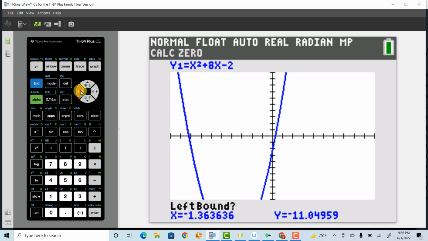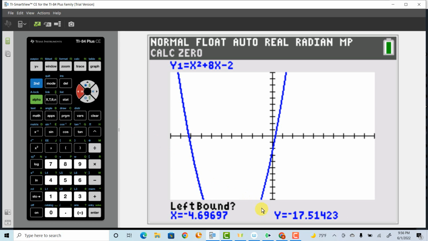See, y is negative 11.8, negative 12.5, negative 13.2, negative 13.8, 14.7, 15, right? It's going way down there, right? Negative 16, negative 17, 17.8, right?